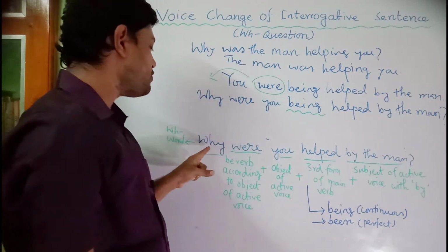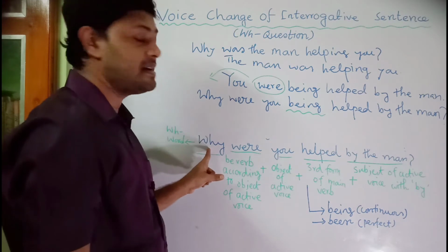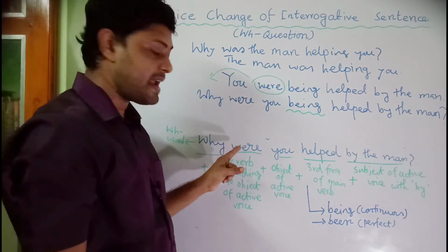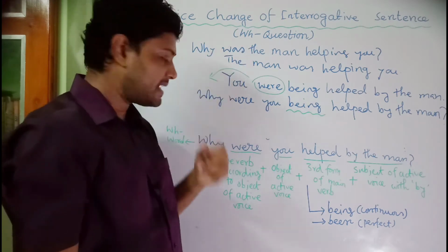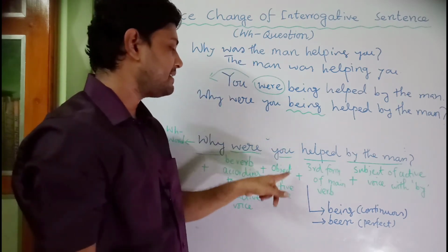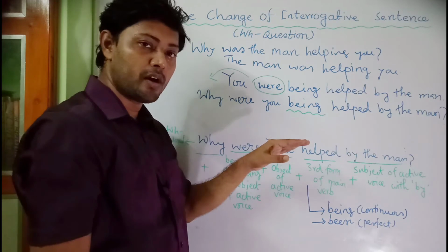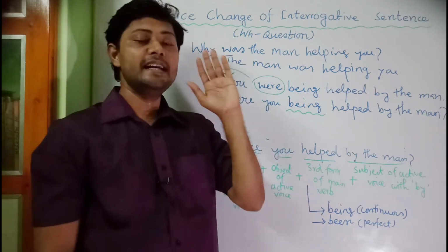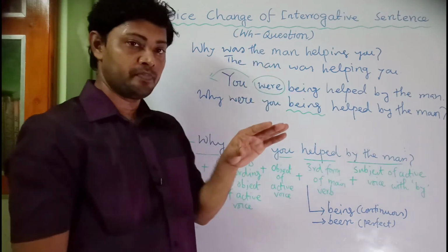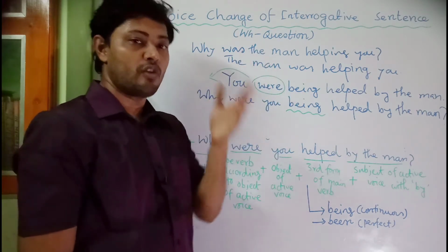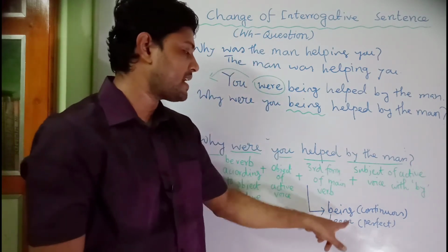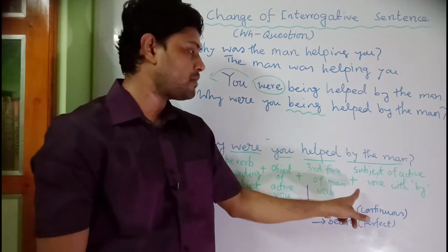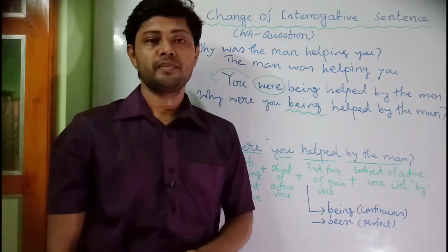So the first step is the WH word will come at the beginning, then the be verb, according to the object of the active voice. After that the object of the active voice, then the third form of the verb for the indefinite tense, present or past. If it is a continuous or perfect tense, then these words will come, for continuous being and for perfect been. After the third form of verb, then the subject. Okay.